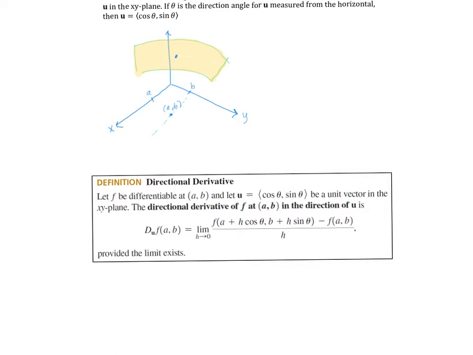Going back to our vectors, that could be represented by a vector at that point. Remember, the slope of the vector is the derivative. And then similarly, if we hold x constant, or a constant, and we look at the derivative with respect to our y value, it's going to be a direction parallel to the y-axis, or we could look at this in terms of vectors as this vector.